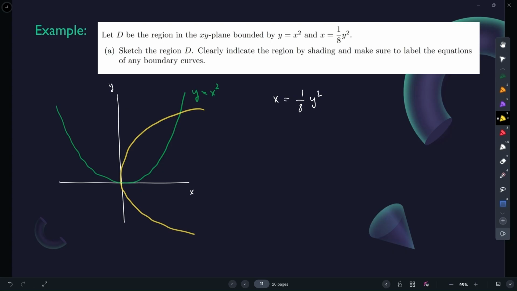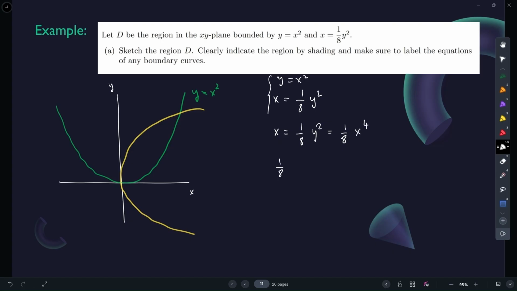So if I put x is 1/8 y squared, but I know that y is equal to x squared, so I'm going to intersect this with y equals x squared just to see what the points of intersection are. Then y would be x squared, so I get that x is an eighth of x to the fourth.